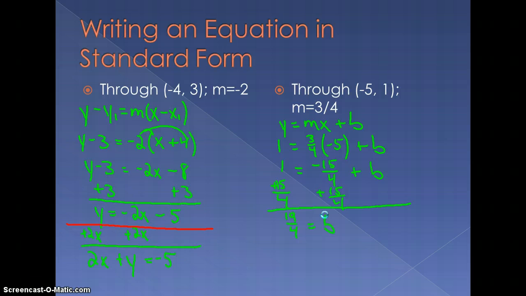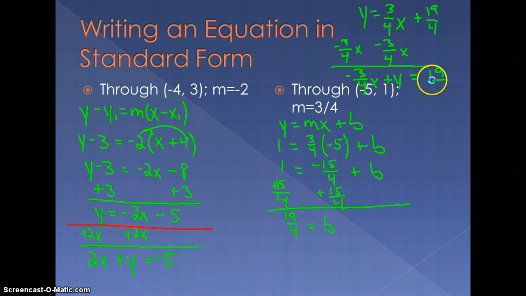So that means we have y equals 3/4 x plus 19 over 4. I just went up top there to give us a little more room. Again, we'll need to subtract 3/4 x from both sides. That would give us negative 3/4 x plus y is equal to 19 over 4.